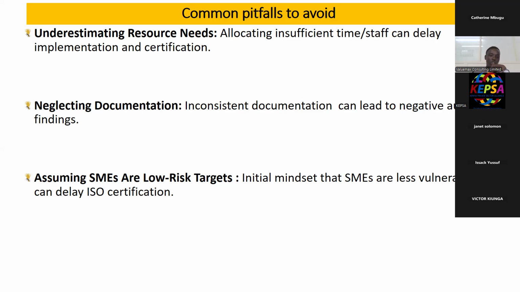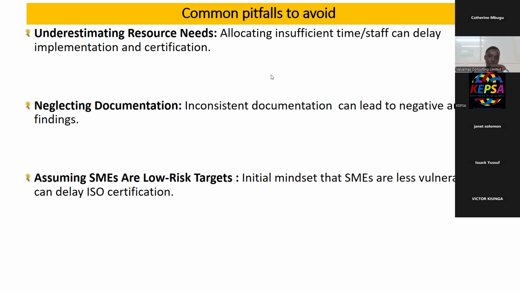And also there's the issue of assuming SMEs are low risk targets. As I said earlier, hackers nowadays know that SMEs are less prepared, meaning they are an easy target. It's not Safaricom or a bank, it's these SMEs, because they know that SMEs are less aware of these risks.